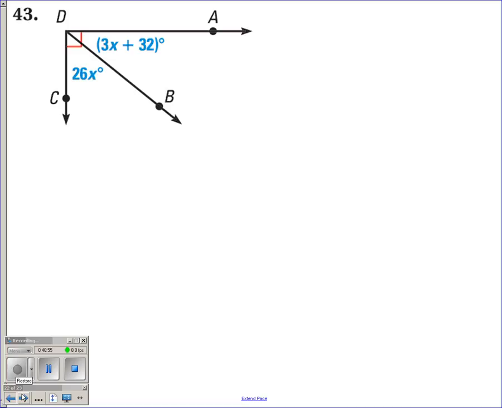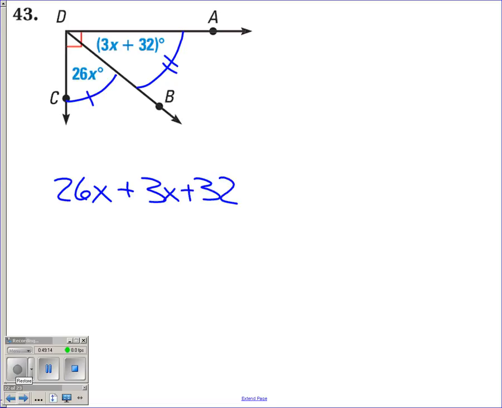Here we have some variables mixed in, but again, the sum of these two angles, these are different angles. They're not congruent. We're not going to set them equal to each other. We're just going to say 26x plus 3x plus 32 is equal to 90.